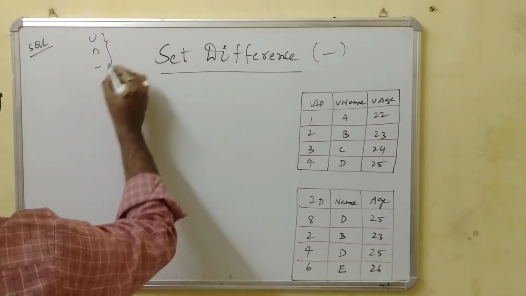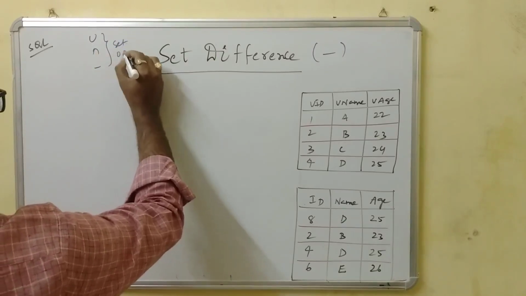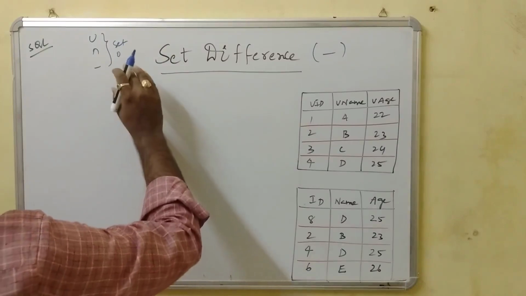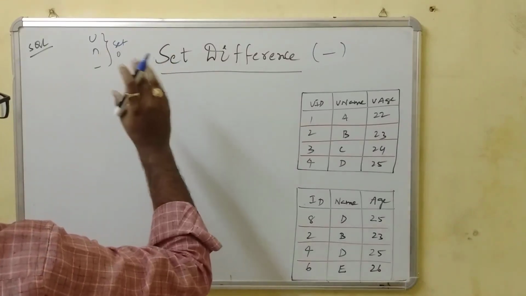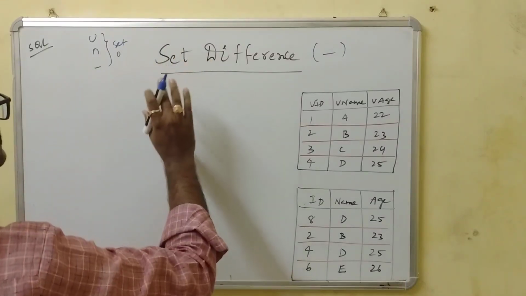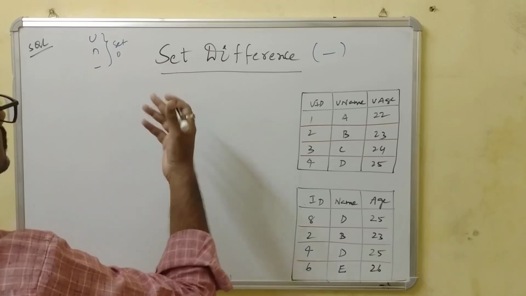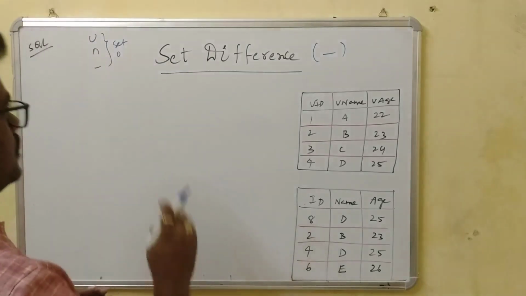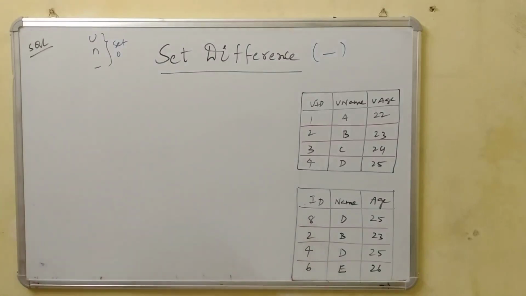These three are generally called set operators. We perform intersection, union or set difference for different purposes.